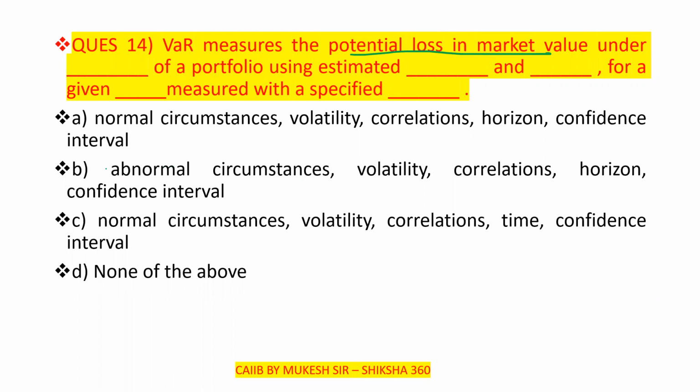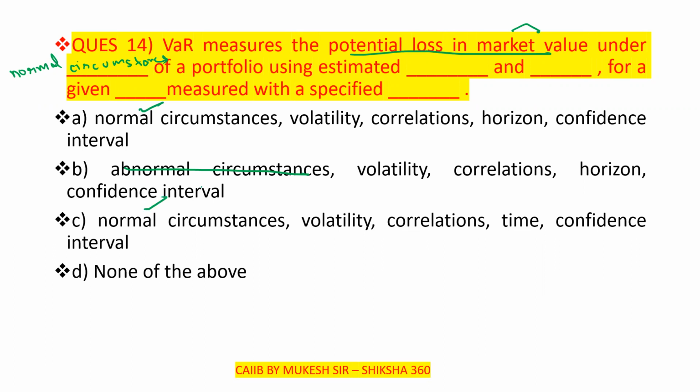So option number B is totally wrong here. It measures the potential loss in the market under normal circumstances of a portfolio.